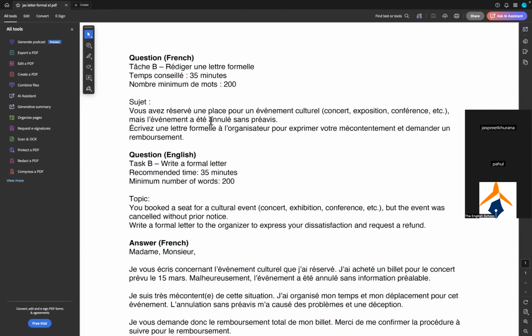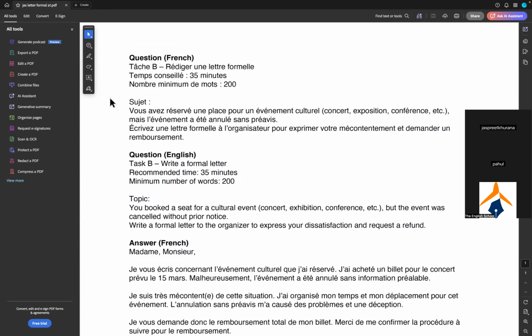Vous avez réservé une place pour un événement culturel, concert, exposition, conférence, etc. Mais l'événement a été annulé sans préavis. That means, écrivez une lettre à l'organisateur pour exprimer votre mécontentement et demander un remboursement.